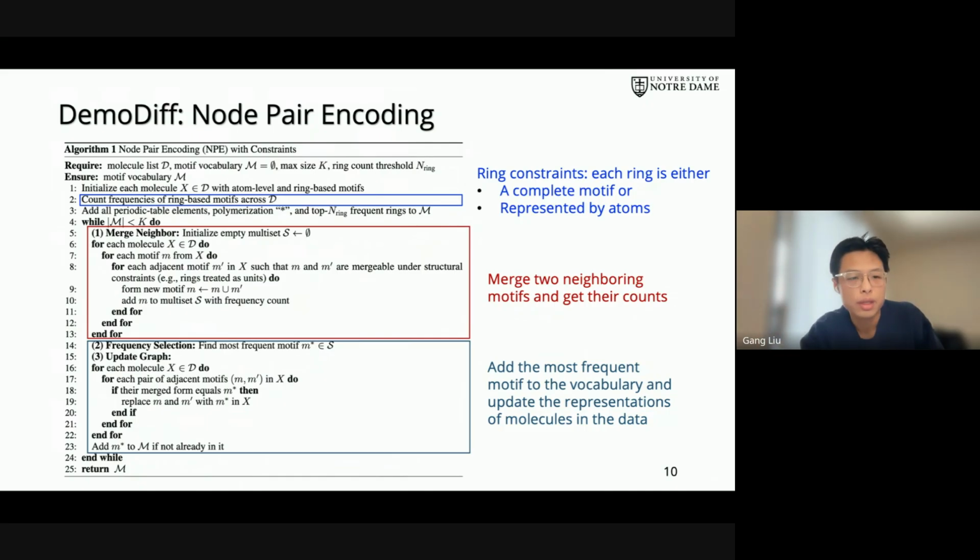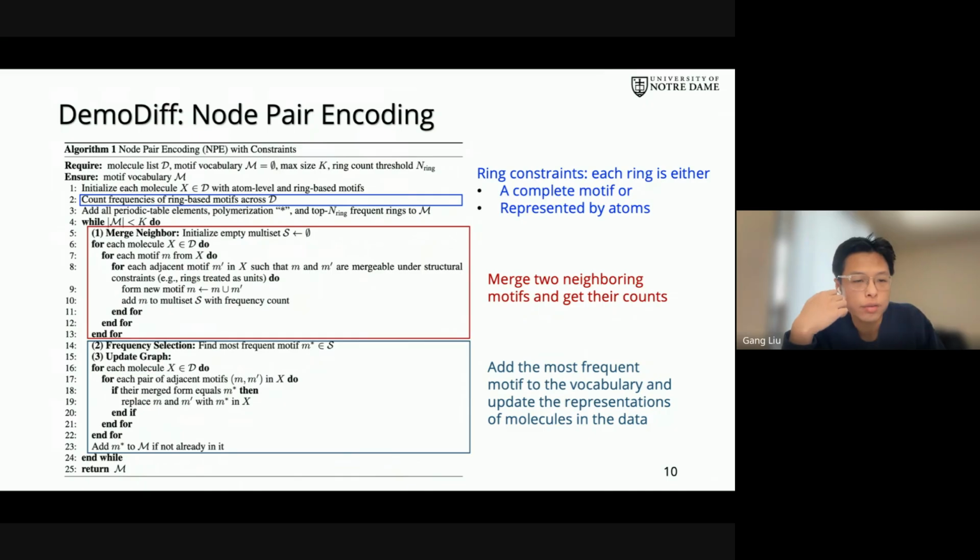These three steps. From line 5 to line 13, we can see that these steps merge neighboring motifs and get their counts. Then in line 14, it selects the most frequent motifs and adds this motif to the vocabulary.